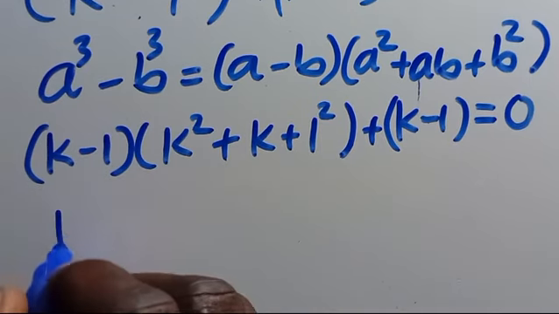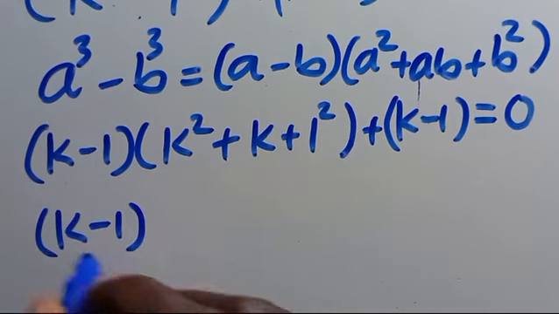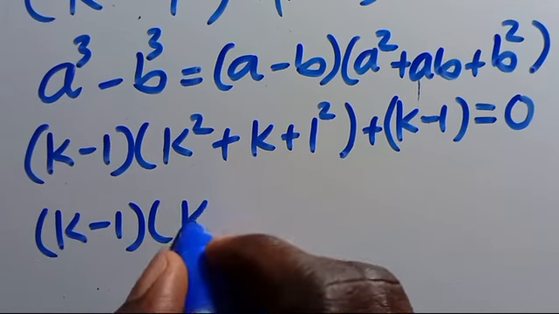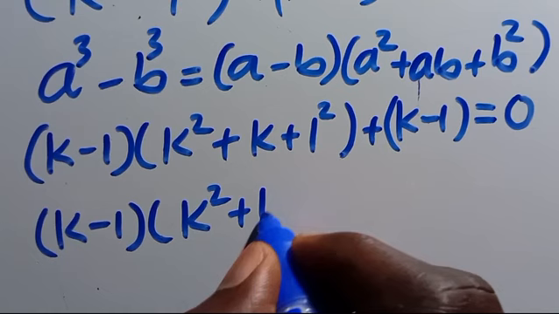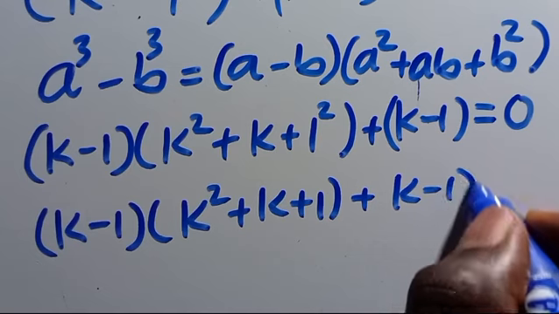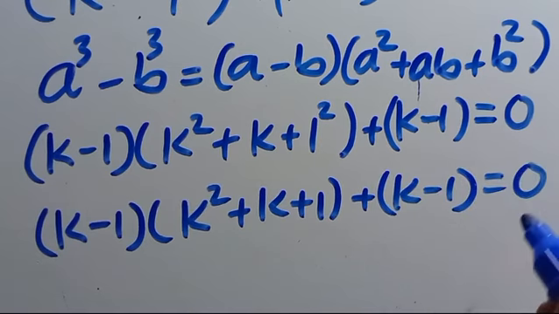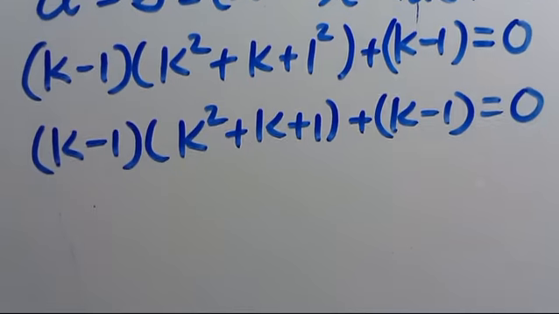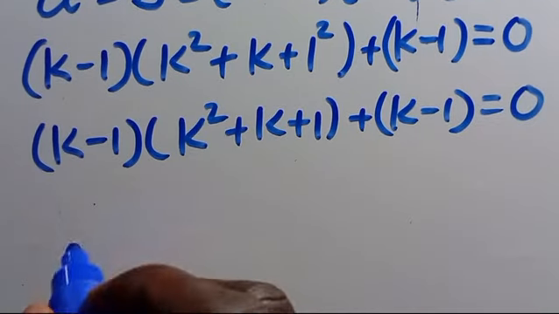So from here we have k minus 1 times k squared plus k plus 1, plus k minus 1 in parentheses, equals 0. k minus 1 is common, we can factor it out.